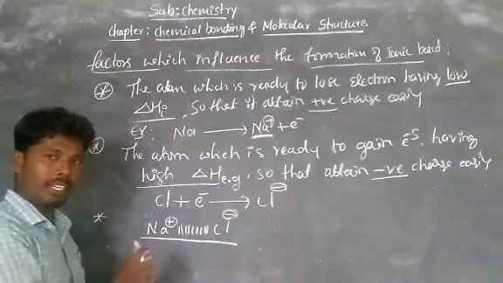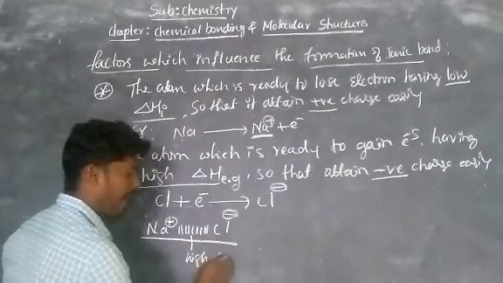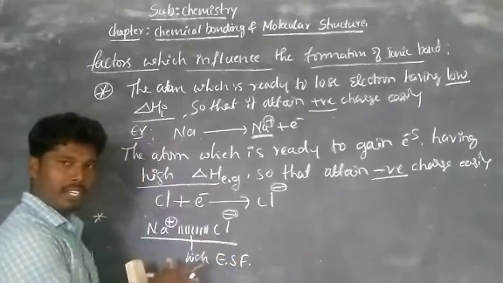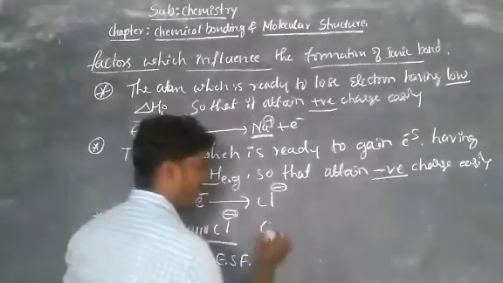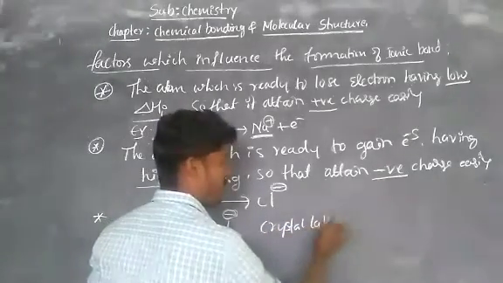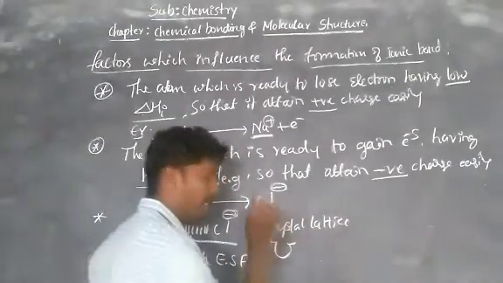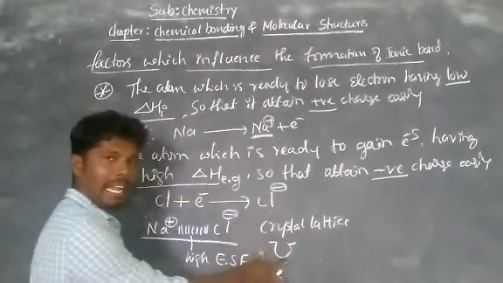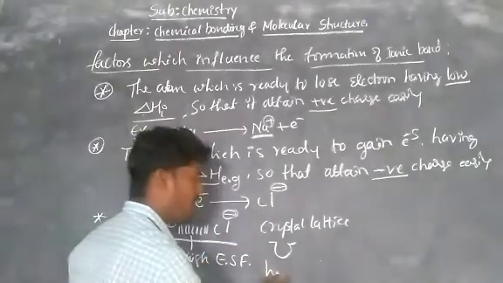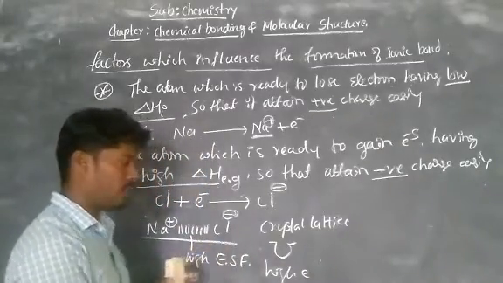Just I am writing like that. Between these two, there is a high electrostatic force of attraction to form crystal lattice, which should have high lattice enthalpy, that is indicated by U. These crystals have high lattice enthalpy, hence to form crystal lattice they liberate high amount of energy.